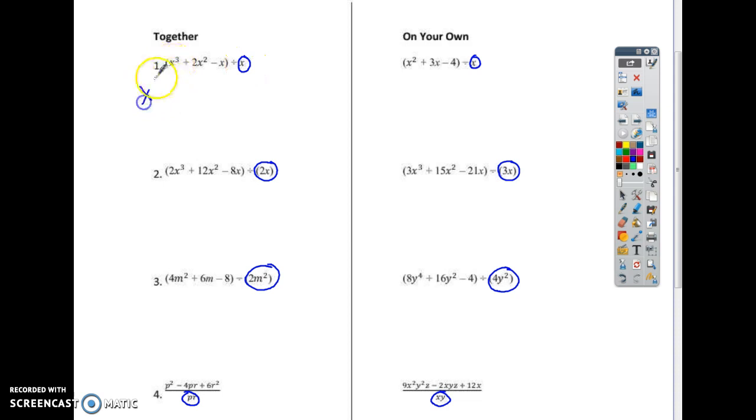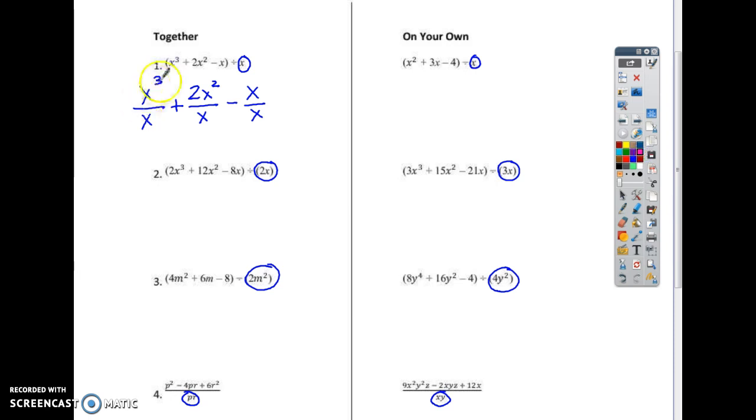So x cubed divided by x plus 2x squared divided by x minus x divided by x. You're just going to separate them into the terms, and you're going to divide each one individually. We're going to do it just like we did the exponents a few weeks back.